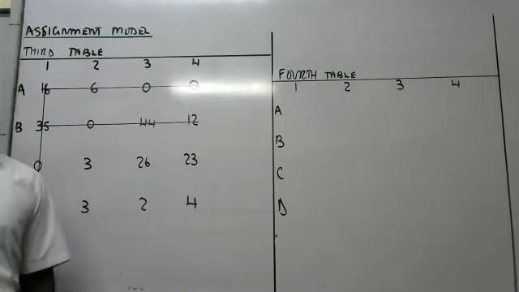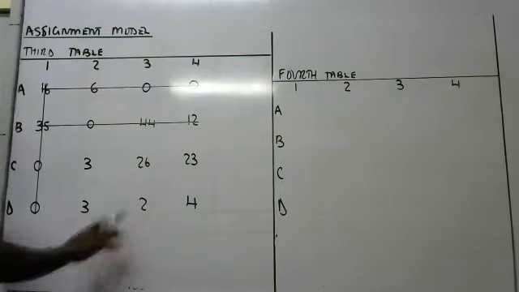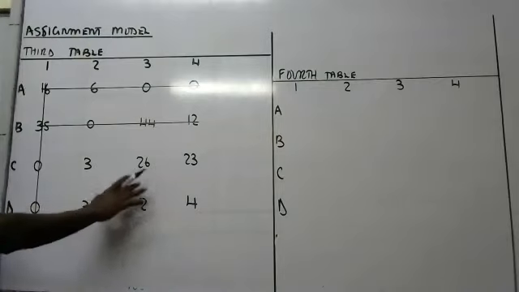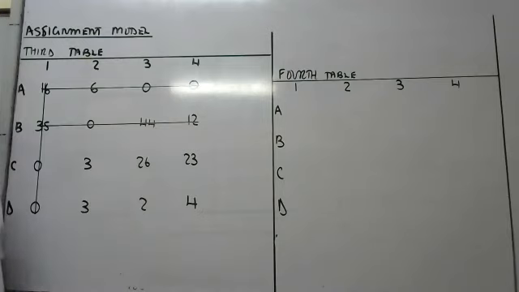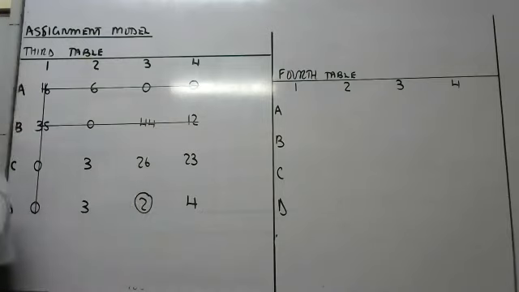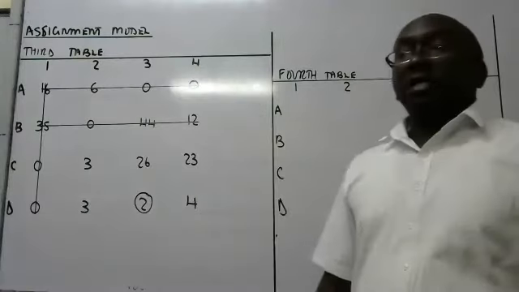You pick the smallest. So what is the smallest of the values that have not been touched by a line? Two, you can even circle that. That's the first thing. You identify the smallest and crossover.